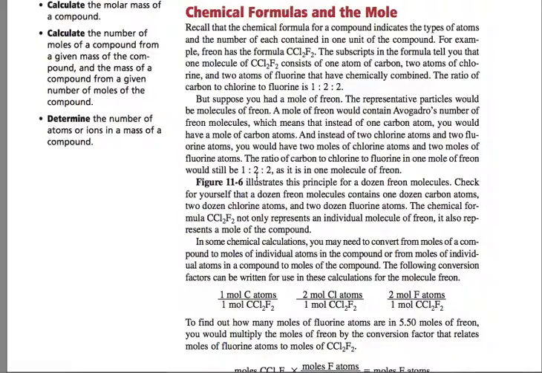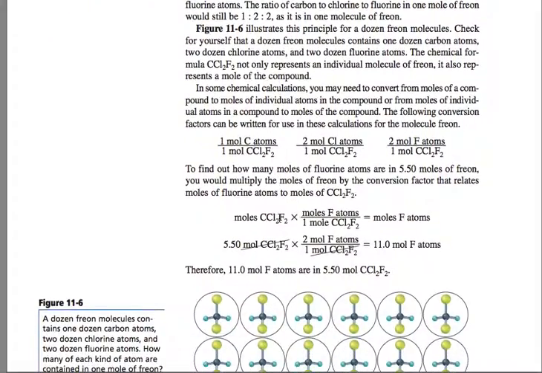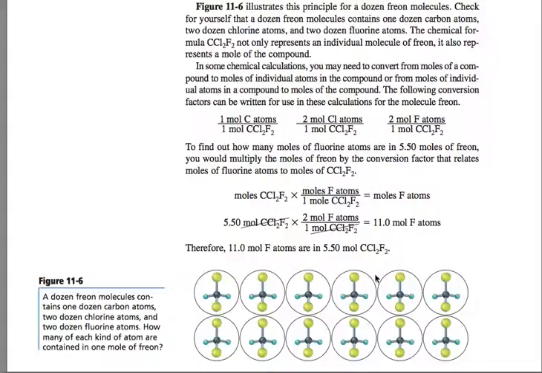Okay, so 1 molecule has 1 to 2 to 2, but if you have a mole of those molecules, the ratio is still going to be the same, right? Figure 11.6 illustrates this principle for a dozen Freon molecules. Here's the picture down here. Check for yourself that a dozen Freon molecules contain 1 dozen carbon atoms, 2 dozen chlorine atoms, and 2 dozen fluorine atoms.